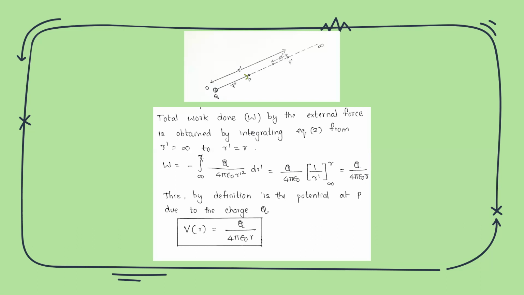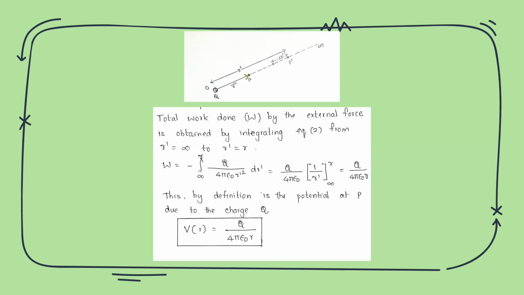Therefore, it will become minus 1 by R dash. The minus symbol will be cancelled because there is already a minus in front of the integration symbol. Minus and minus will be cancelled and you will get 1 by R dash with the limits infinity and R.